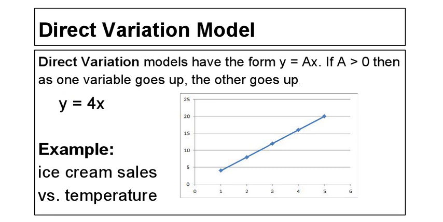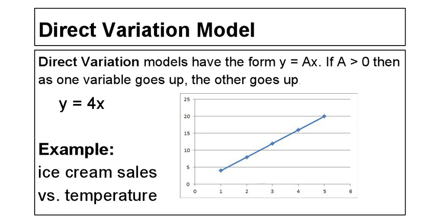So if this one goes up, that one goes up. In physics, we're trying to find the patterns of the universe. We want to know what's going on. How does this work? And when one thing changes, how does that change something else? And the direct variation is kind of the simplest model of that.